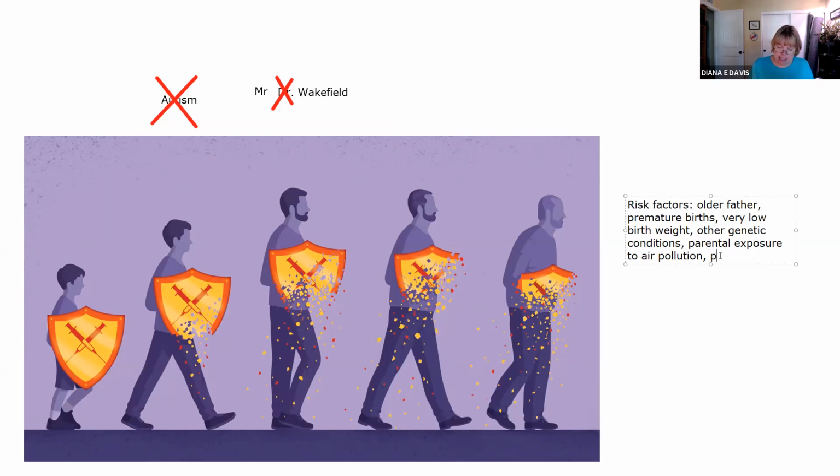There we go. The parents being exposed to air pollution, parental exposure to certain pesticides, maternal diabetes, or immune system disorders, and birth difficulties that result in low oxygen to the baby during birth.